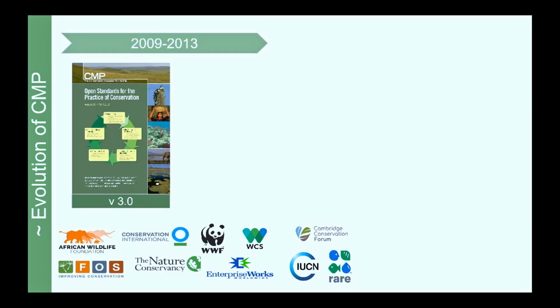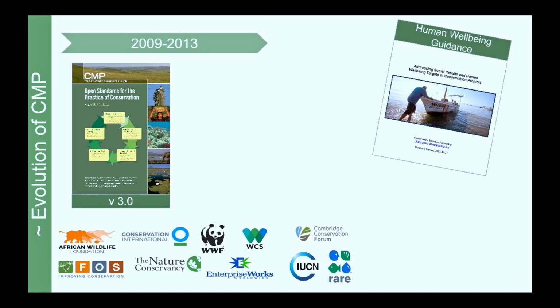So other things, we have version 3.0 come in this time frame, which incorporated some elements of human well-being. This was the first time that CMP kind of really took a step back and realized that, based on the feedback that CMP was hearing, there wasn't really adequate attention or any real recognition of human well-being. And so there was a group that got together across CMP and CCNet, put together some guidance, an initial idea.